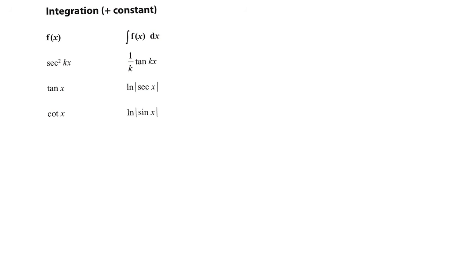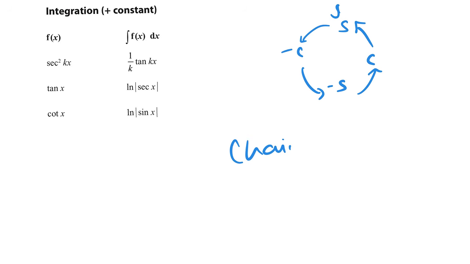Okay, so integration. I think this one's an easy chapter. First of all, we have the same cycle with sine, cos, minus sine, minus cos, apart from when we integrate. When we're integrating with these, instead of going clockwise, we go anti-clockwise. So sine integrates to minus cos, etc. Now, with the chain rule, with integration, instead of multiplying by the differential, we divide by the differential.